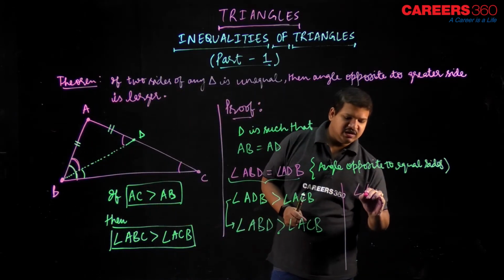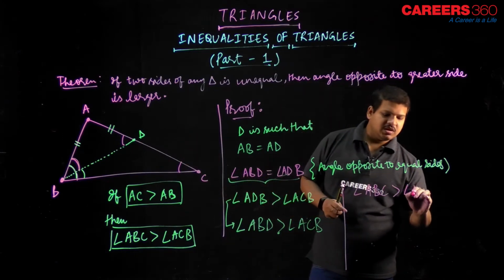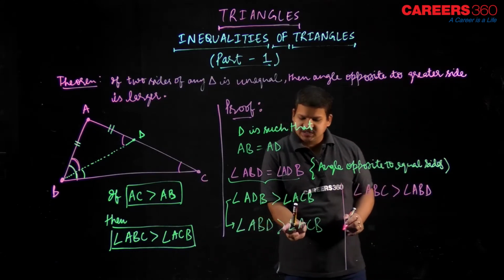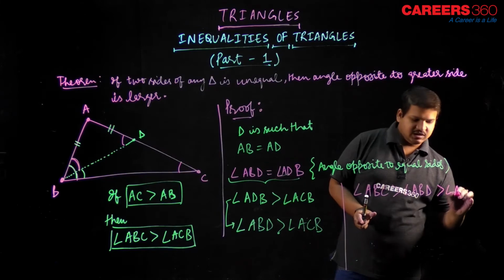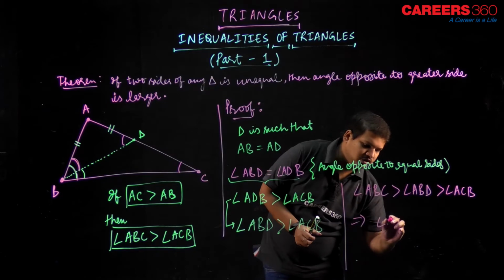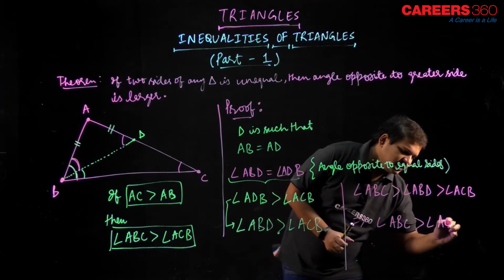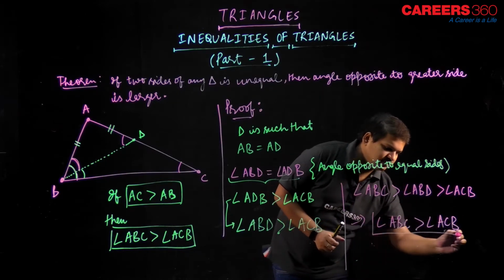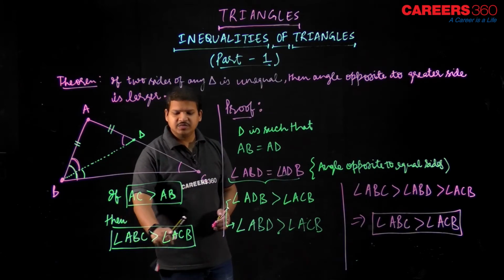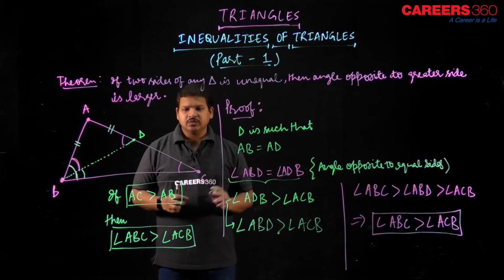So angle ABC is greater than angle ABD, and ABD is greater than angle ACB. From here I can conclude that angle ABC will be greater than angle ACB, and that is what I had to prove in the first step. That is how this theorem got proved.